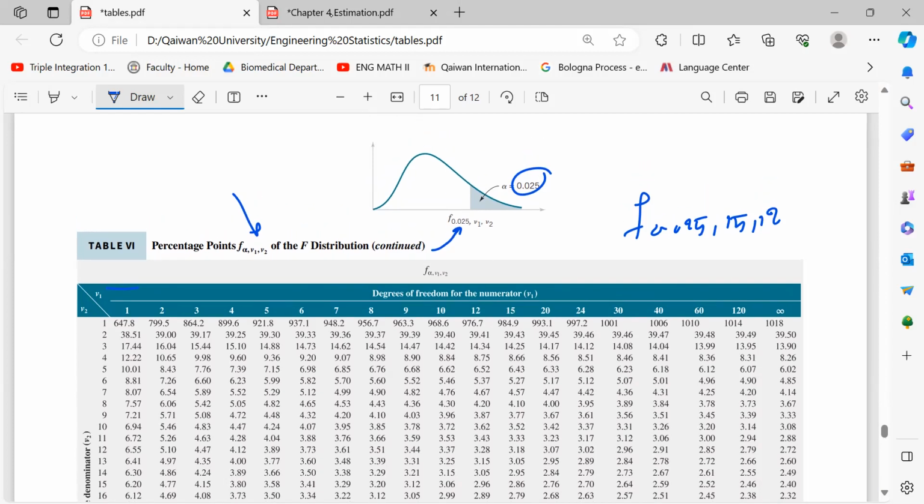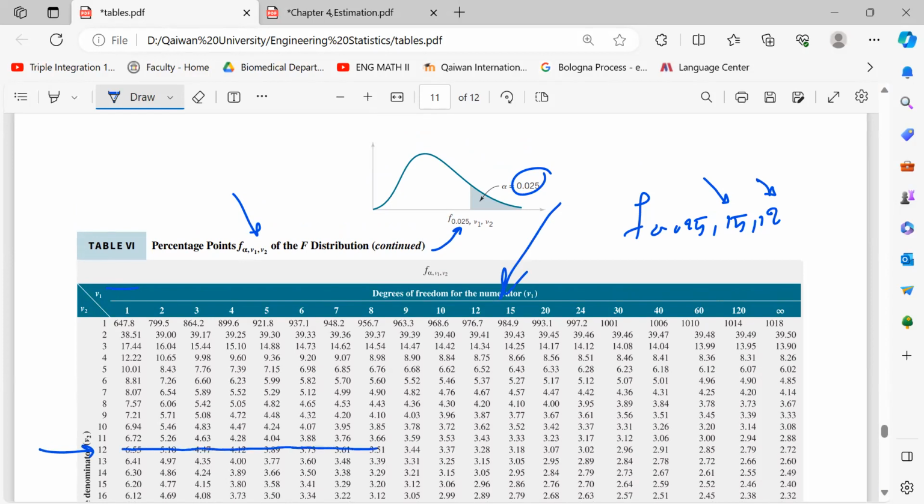Now, we find these two components in the table, 15 and 12. 15 is the first component, which is the horizontal. 15 is this one. And 12 is this. Okay?